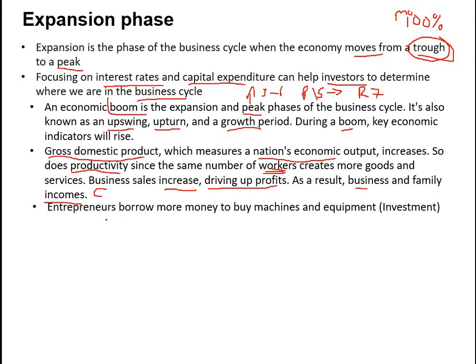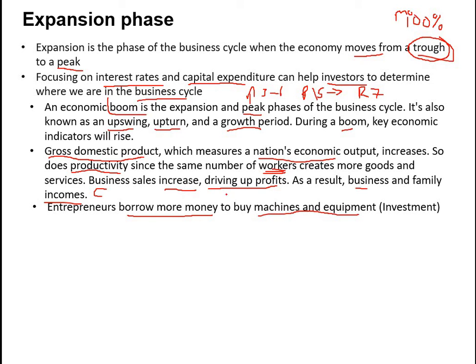Because in the expansion phase, we're excited. What do entrepreneurs do? They start borrowing money. Why should they borrow money? They want to buy equipment. When they buy this equipment, ladies and gentlemen, they want to invest. They want to be at a better phase.